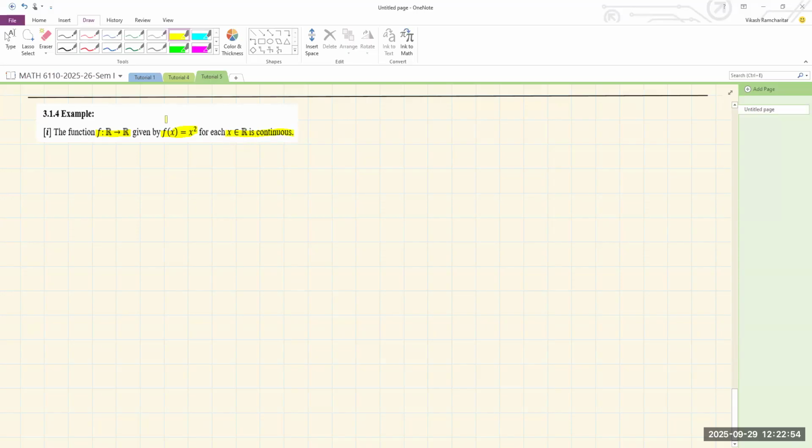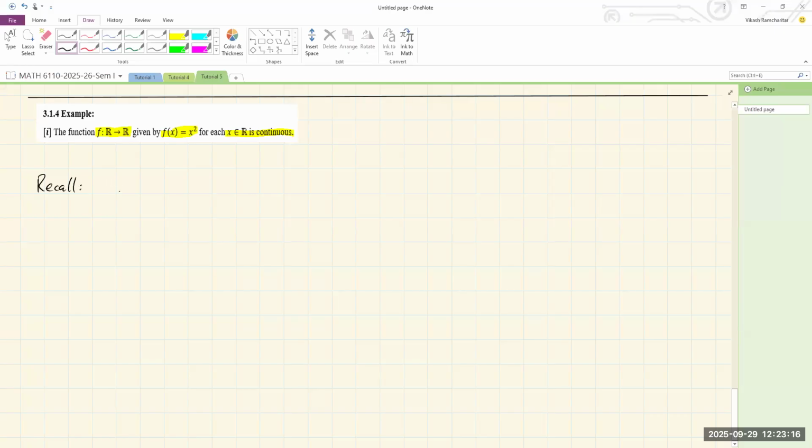And since they did not tell us what the metric is, and we are in the real numbers, we can assume that we are working with the usual metric. So before we get started, let me just recall the definition of continuity. Okay.